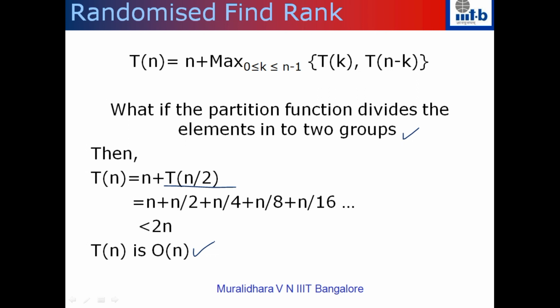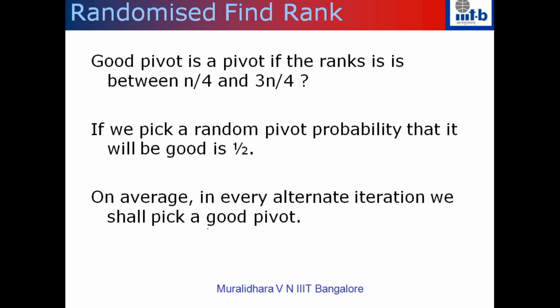But we don't know how to pick a pivot which divides exactly into two halves. If we can find such a pivot, it's very good, but we don't know how to find it. So we will relax the condition and work with what is known as a good pivot.